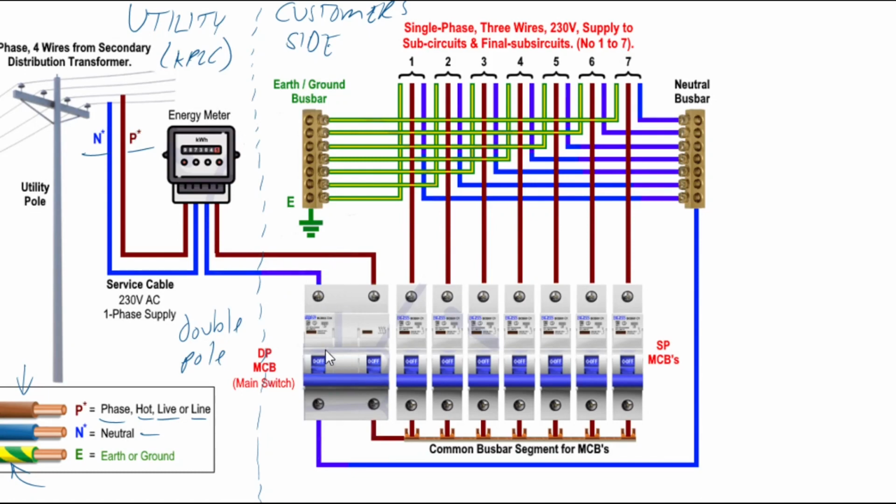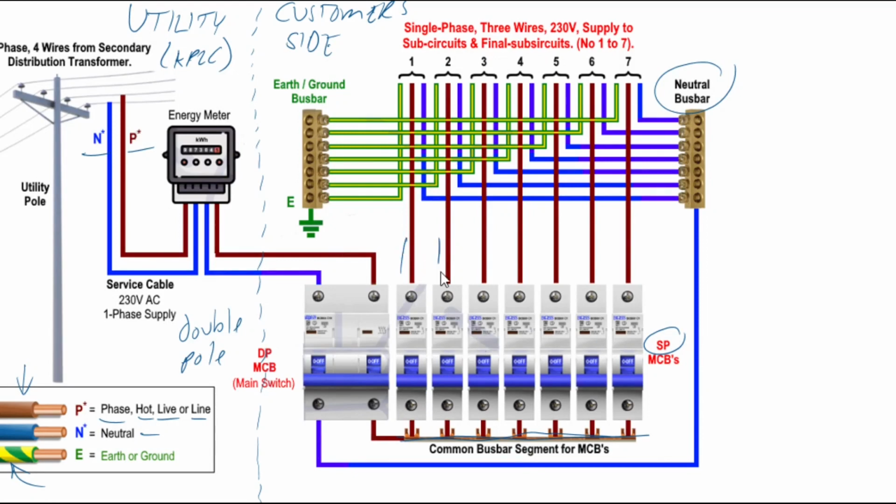So from the double pole, you have your neutral going straight to the bus bars, similar to what we saw for three-phase, and your live will connect to a common bus bar over here, from which you connect a series of single pole MCBs.